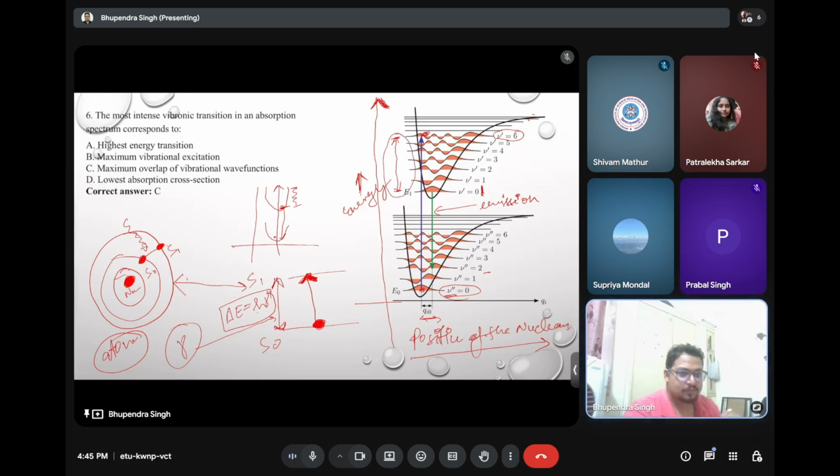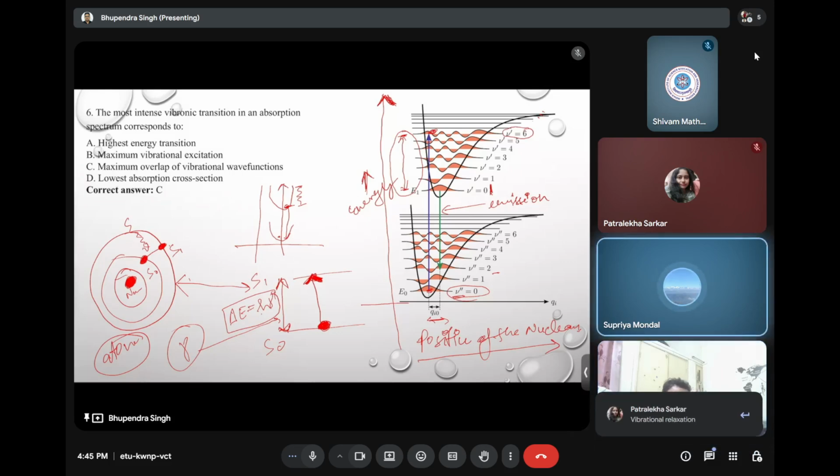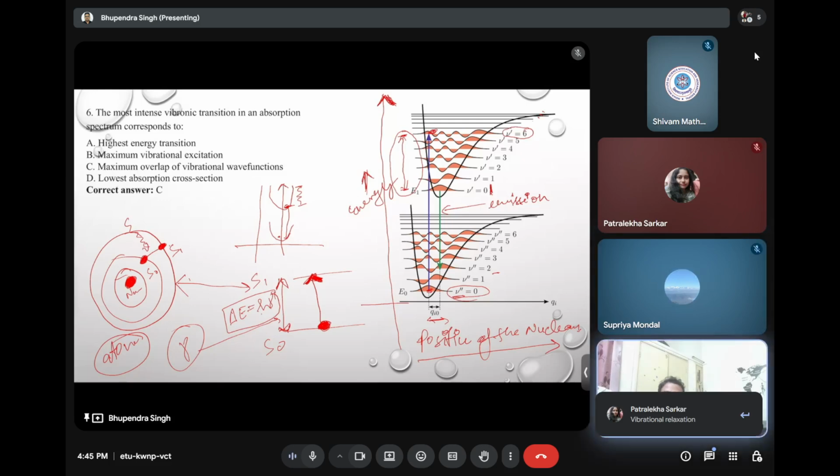There is a specific name for this gap. Yes, it is vibrational relaxation.